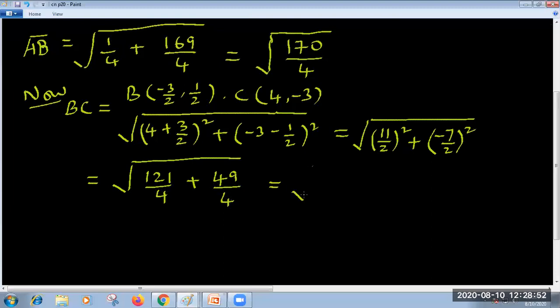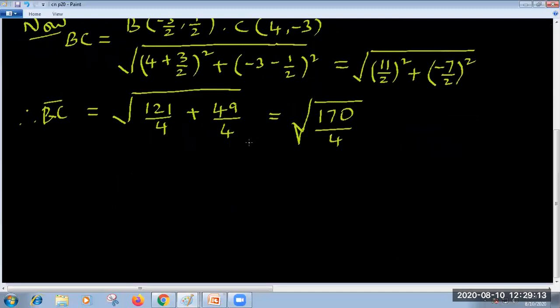That is equal to 121 plus 49, 170 by 4. This is BC. AB and BC are equal. Now let us find another side.